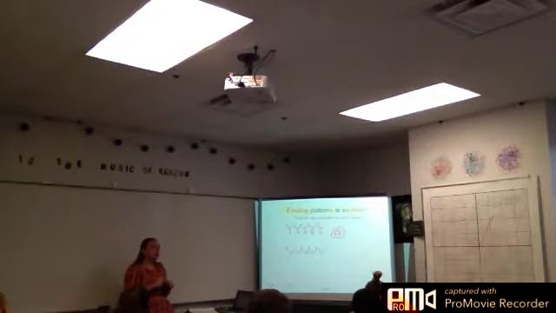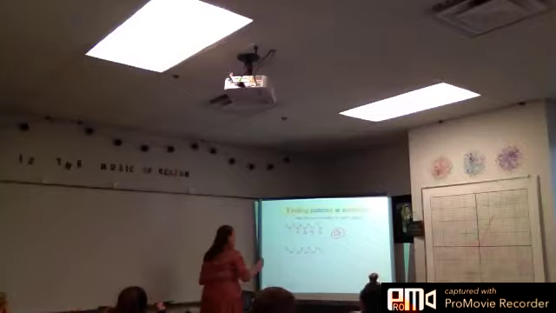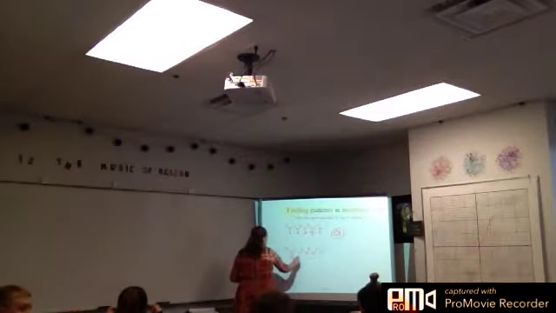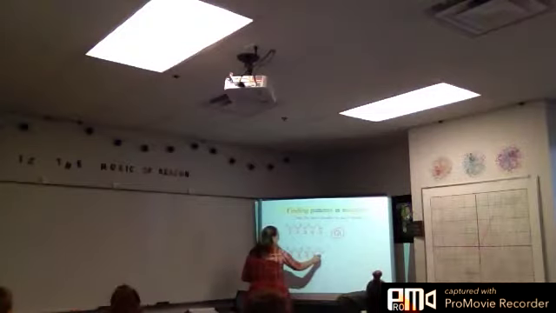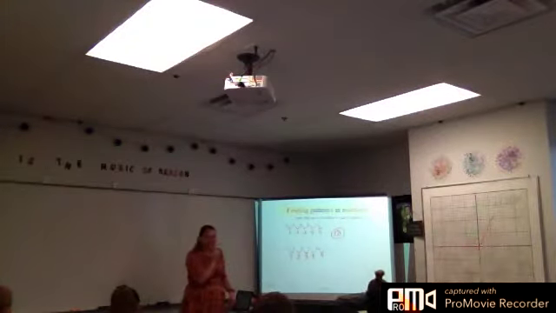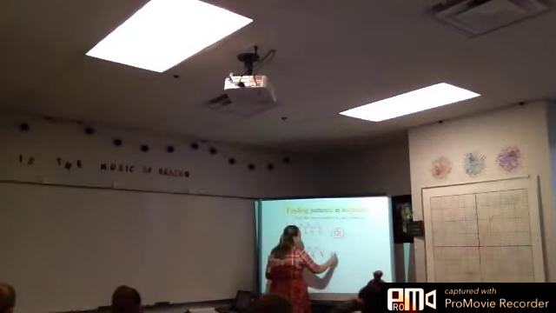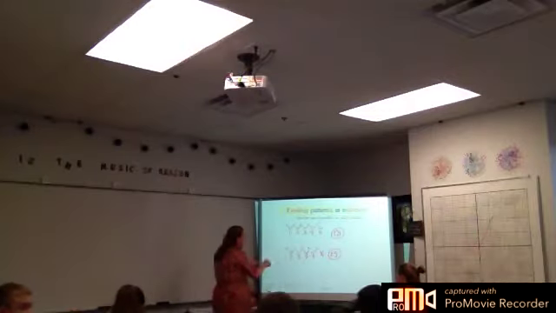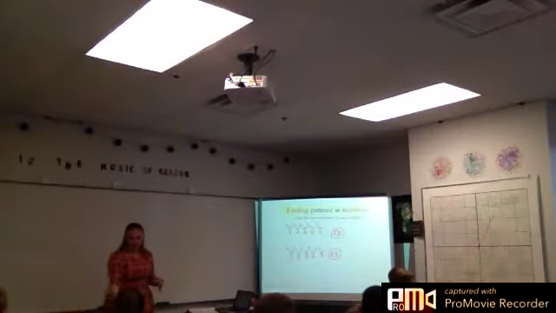Odd numbers? 1, 3, 5. Yeah, odd numbers, yes. 7, and then this one would be 9, so it's 16 plus 9? 25, okay? So you found a pattern by using inductive reasoning, and you came to a conclusion.